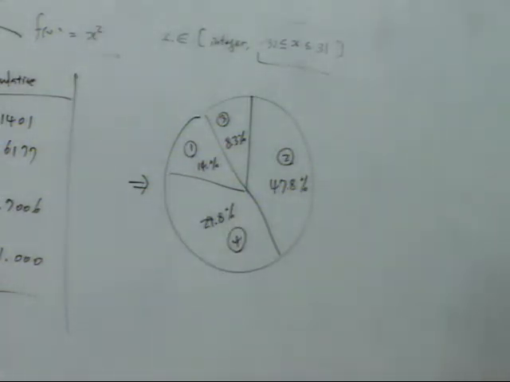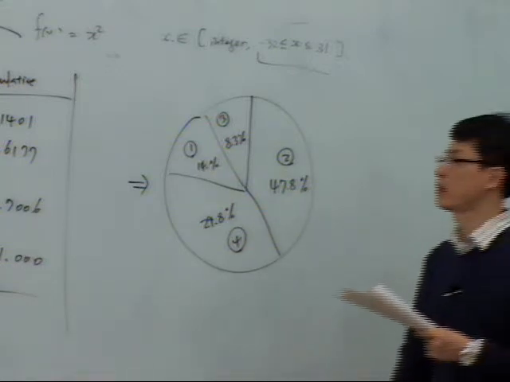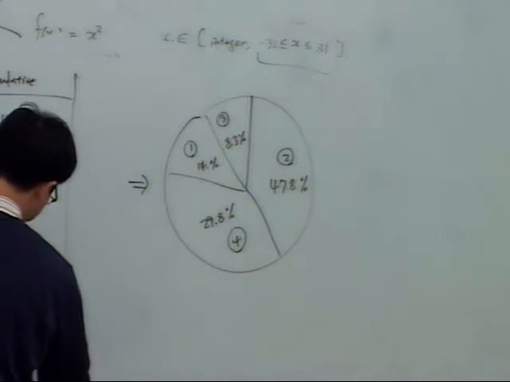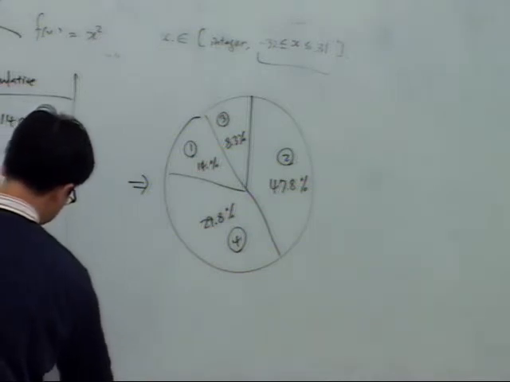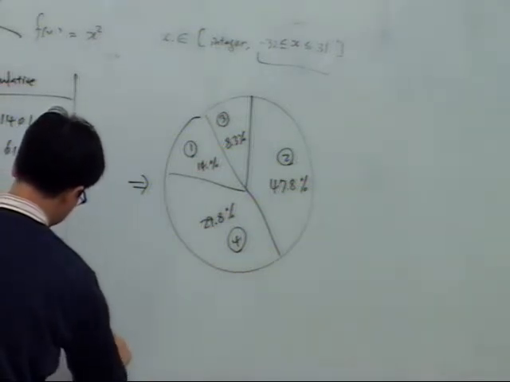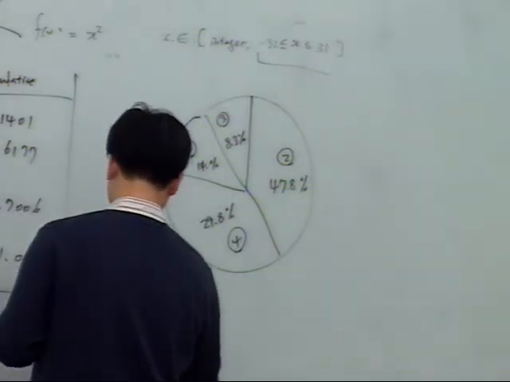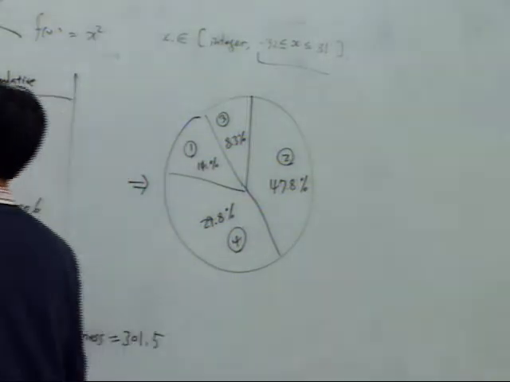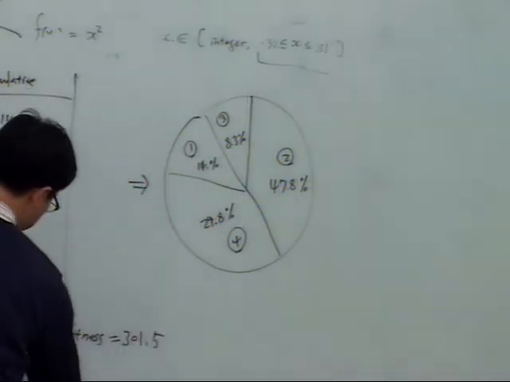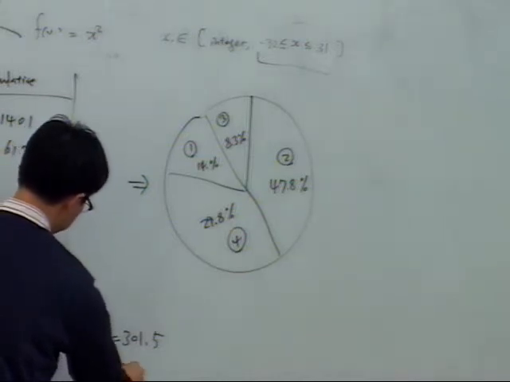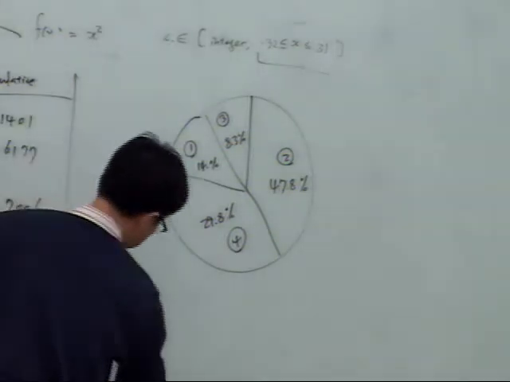This is a roulette wheel. And from this one, we know that the average fitness of this population is 301, and the best fitness of this population is this one.